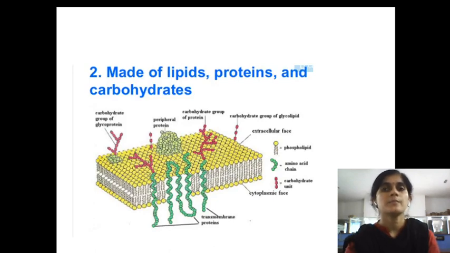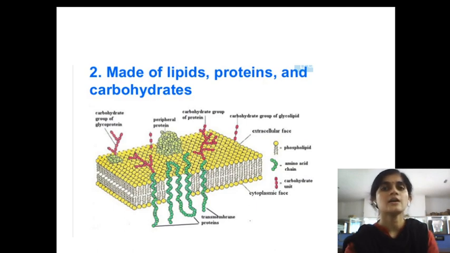The principal components of the plasma membrane are lipids, that is phospholipids and cholesterol, proteins, and carbohydrate groups that are attached to some of the lipids and proteins. Carbohydrate groups are present only on the outer surface of the plasma membrane, and they are attached to the proteins, forming glycoproteins, and to lipids, forming glycolipids.